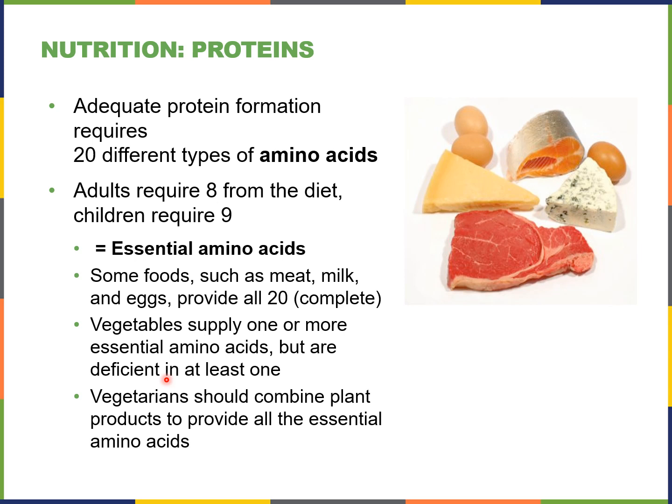It is a little bit harder as a vegetarian or vegan just to keep track of these things. And it's not really hard or impossible, but if you're coming from an omnivore lifestyle, going into being a vegan or vegetarian is something to kind of keep in mind. You've got to be able to combine these plant products to provide all the essential amino acids. So you have to know which ones have which amino acids to make sure that you're getting the whole gamut.